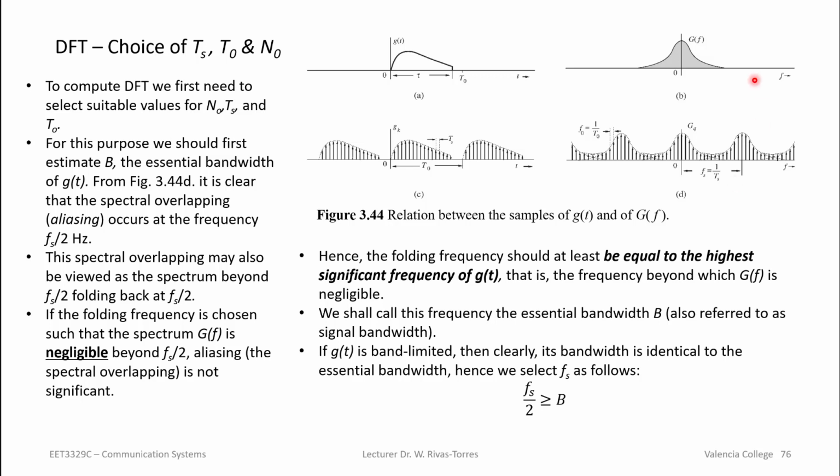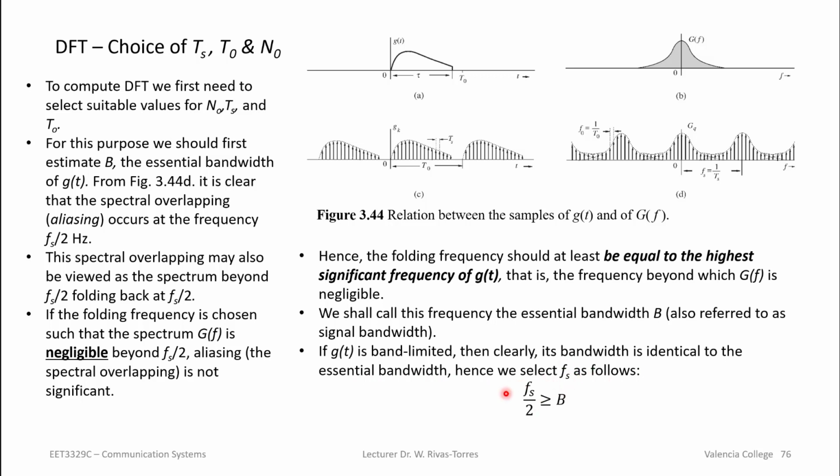So if you know the original essential bandwidth, your Fs has to be at least twice that. That's what we're saying here. If G of F is band limited, then clearly its bandwidth is identical to the essential bandwidth.